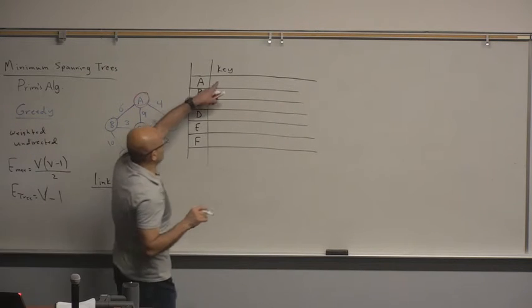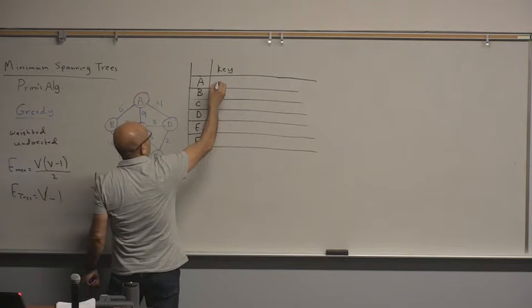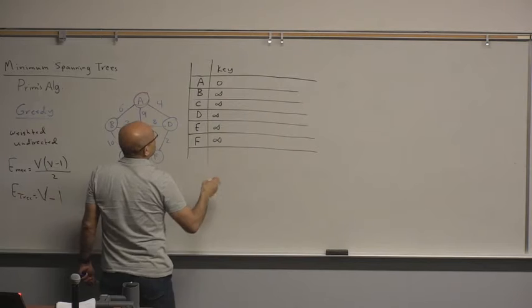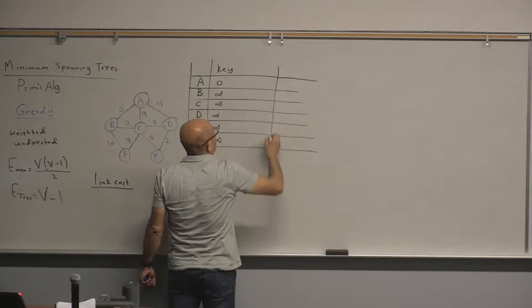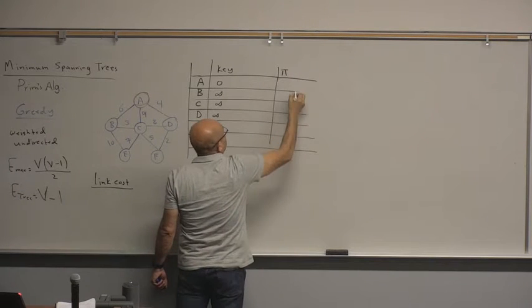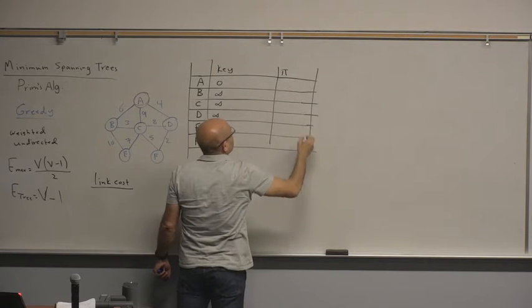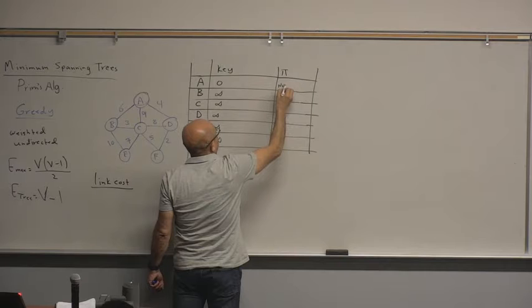So since we have chosen this as a source, this is going to have a key of 0, and everything else will start with infinity. And then we'll have the notion of the parent again. And initially it's null.